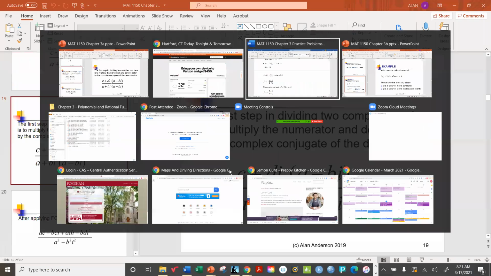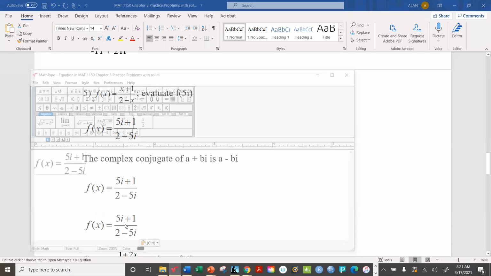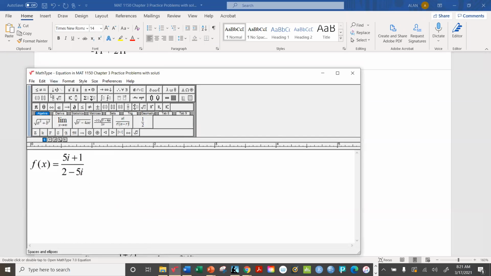So let's see how that would work. So in other words, what I'd propose to do here is take this number and multiply it, as soon as this thing wakes up, here we go, by the ratio of 2 plus 5i over 2 plus 5i.